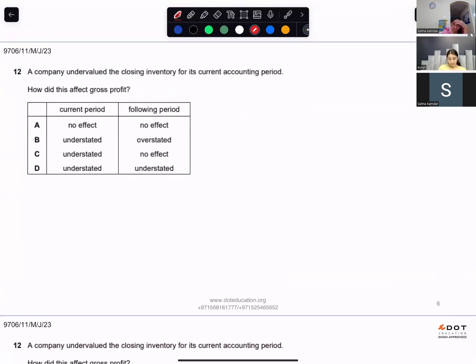A company undervalued the closing inventory for its current accounting period. How does this affect the gross profit? Closing inventory is treated as what? It's minus from the cost of sales. Is it treated as income or expense? Income.